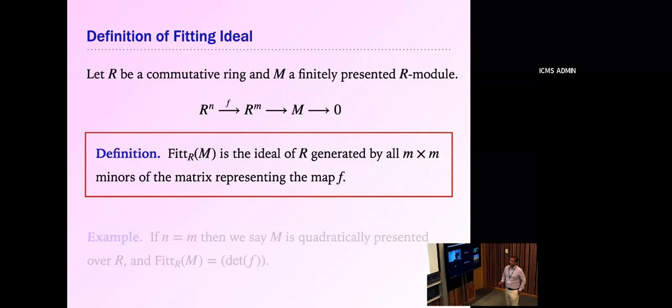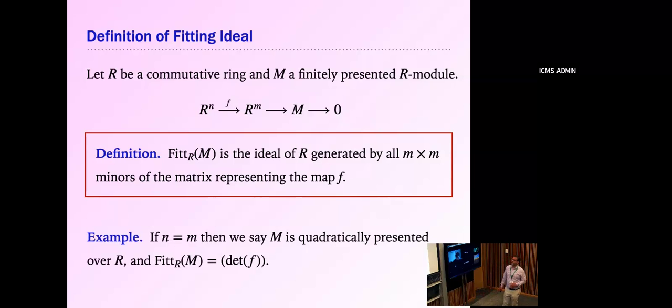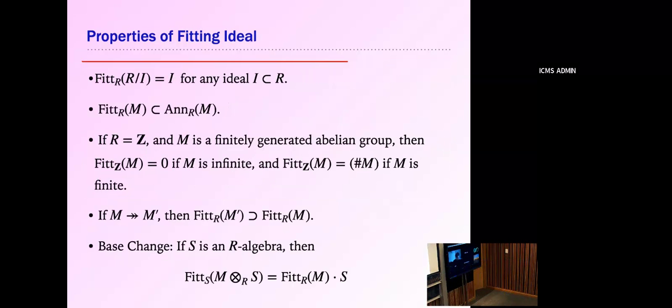M is the number of generators, and you take all the square submatrices, the maximal minors of this matrix, and then you get what's called the Fitting ideal. If n is equal to m, then the terminology is that the module is quadratically presented, and then it's just the determinant of that one matrix, the determinant of the map. That's principal in that case.